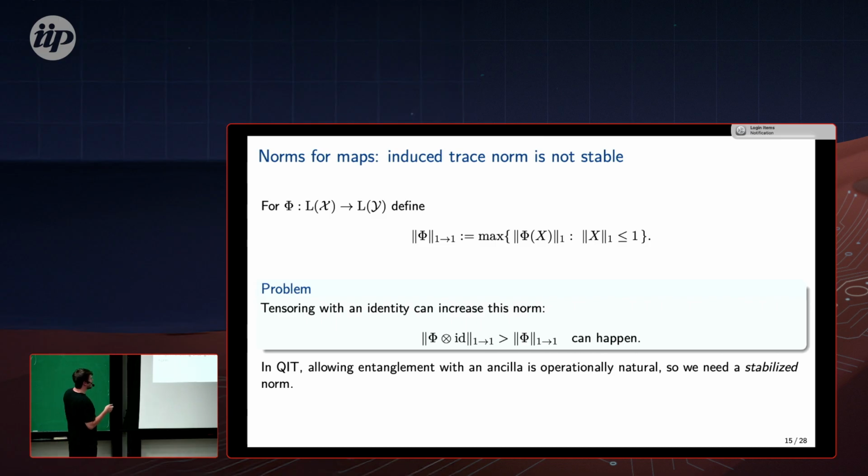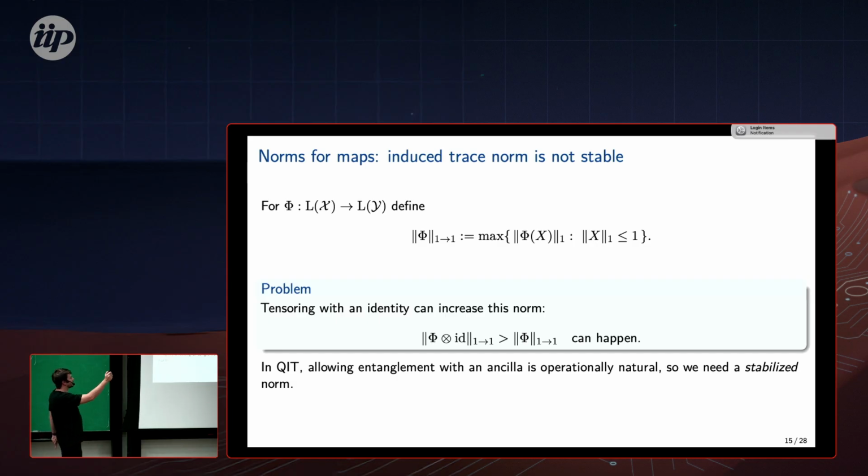that if you look at the so-called one-to-one norm of a map, this is not stable under tensoring with the identity. So what is the one-to-one norm of some map here? Okay, and you should always think of this as some sort of difference of channels.